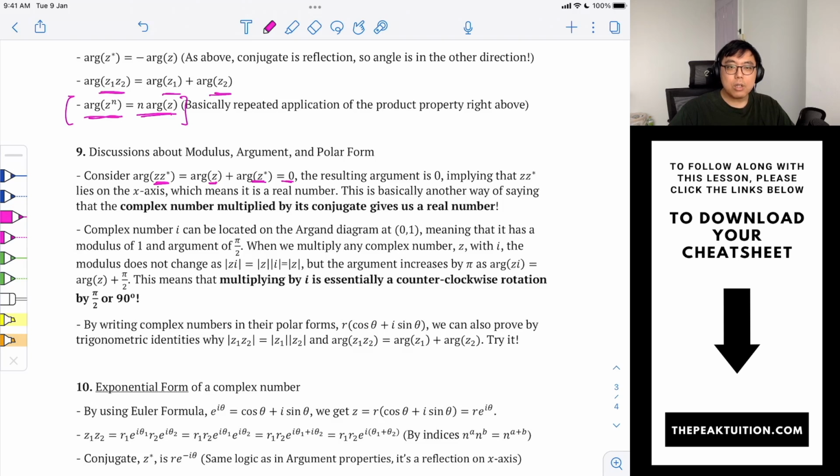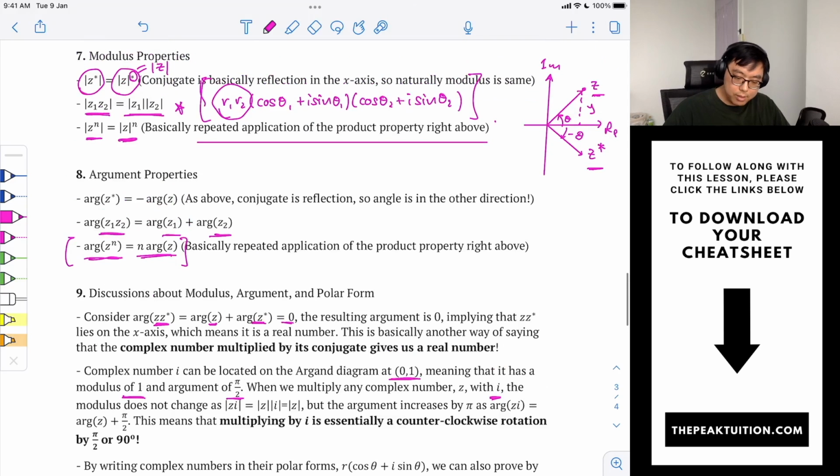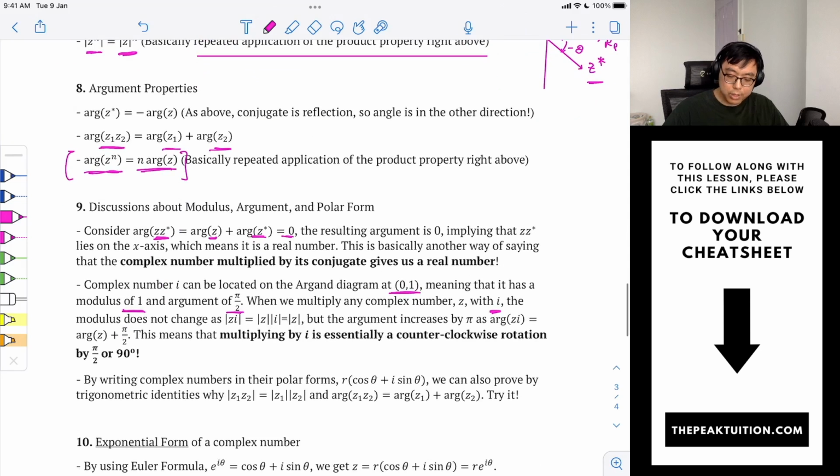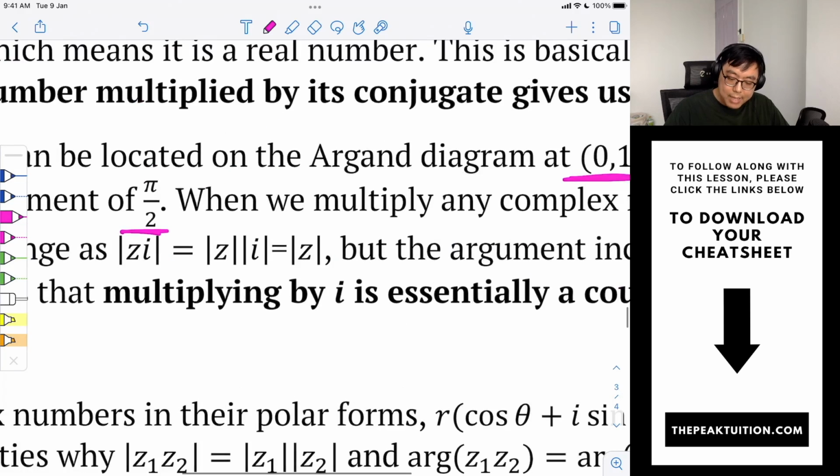Next, the complex number i can be found in the Argand diagram at (0, 1), meaning that it has a modulus of 1 and the argument of pi over 2. When we multiply any complex number with i, the modulus does not change, because according to this, the resulting complex number has a modulus that is the multiplication of the two moduli, and we know that the modulus of i is 1.